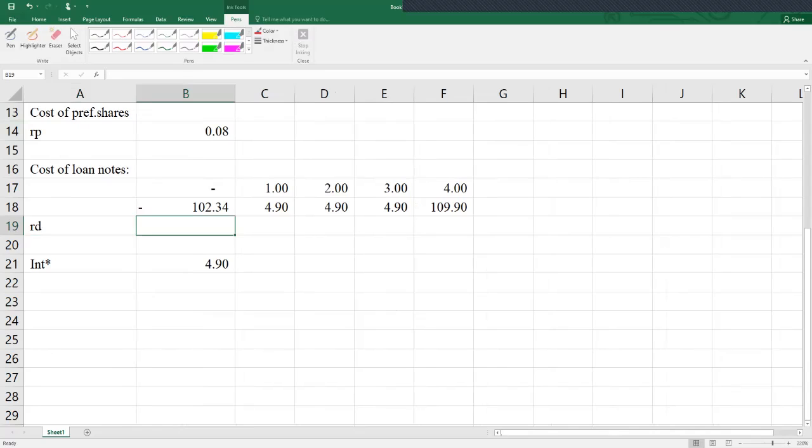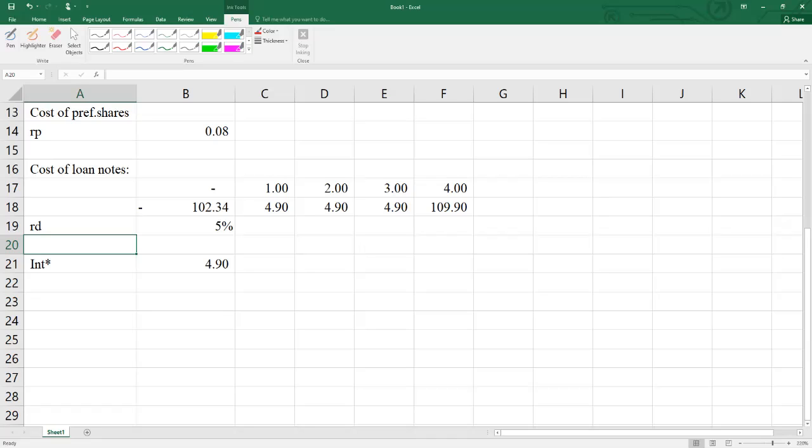We use the IRR formula: equals IRR. We highlight all the cash flow from year 0 to year 4, and that gives me the cost of the bond, which is equal to 5%. Clear? Okay, that's great. What else?